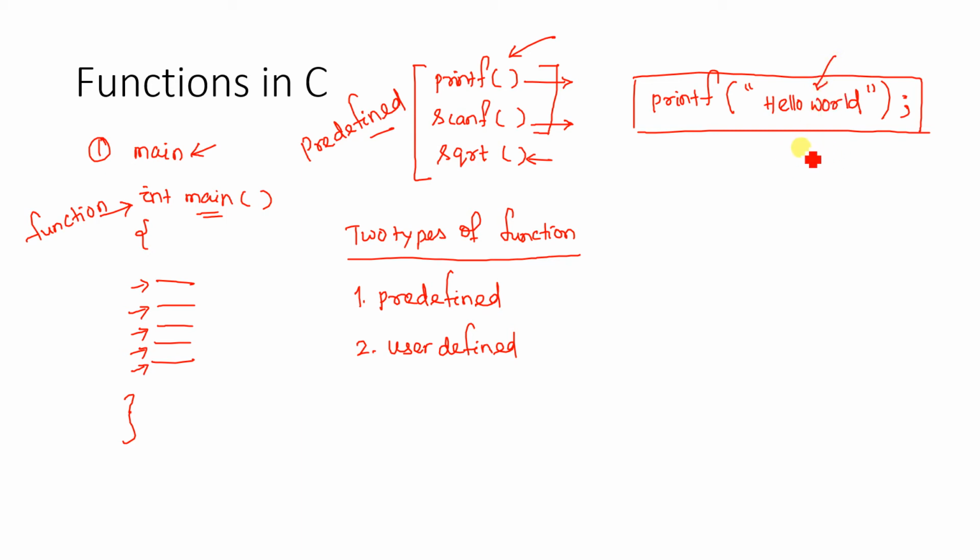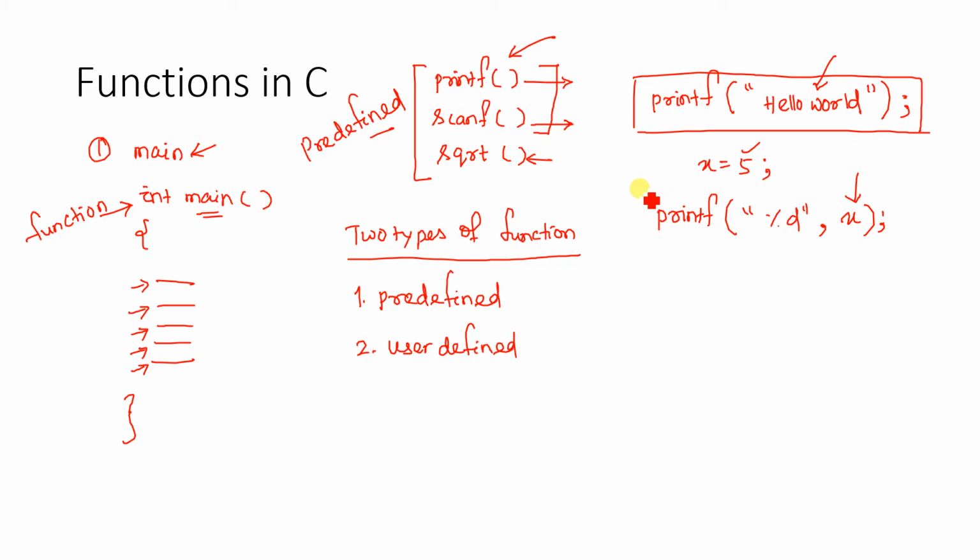Similarly, if you want to print the value of a variable, let's say the variable x has a value 5, and you want to print the value of x, then also you need to follow the syntax of printf. So printf, you write %d as this is an integer, then you put a comma, then you write x, and only then the value of x gets printed on the screen.